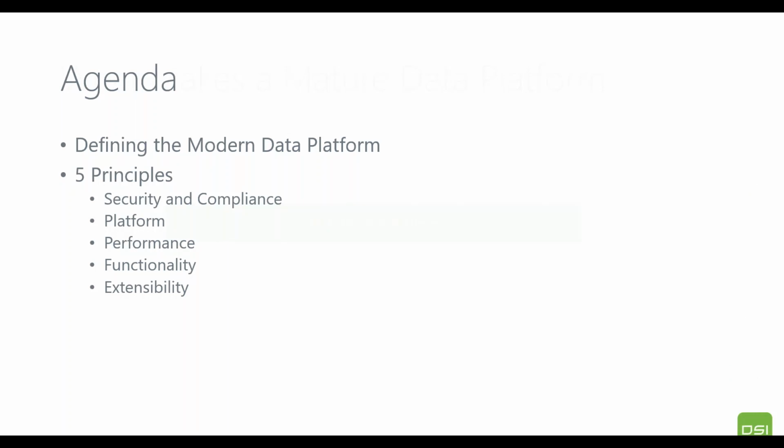So I'm going to start by defining what I mean by modern data platform, and then we're going to drill deeper into 5 principles that really make up the modern data platform, and those are security and compliance, platform, performance, functionality, and extensibility. And I'm going to explain each of these and look at some specific examples.